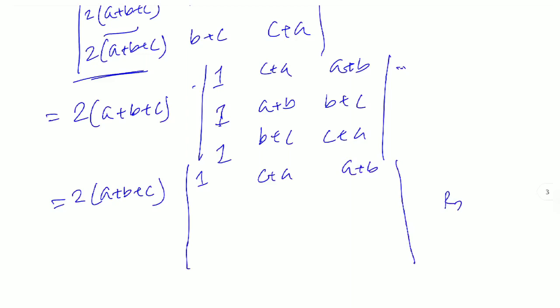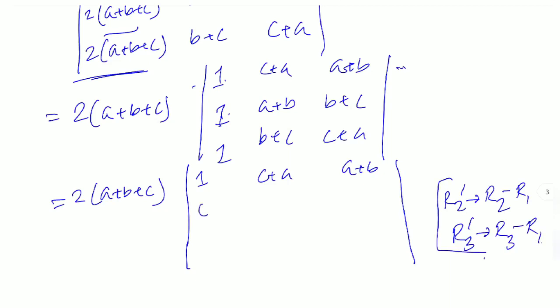So you just do r2 change to r2 minus r1 and r3 change to r3 minus r1, right? So you just subtract 1 minus 1, it will yield 0, and this one it will yield b minus c, and this one r2 minus r1 it will yield c minus a, and when you do r3 minus r1 it will get you 0, and again it will get you b minus a and c minus b.